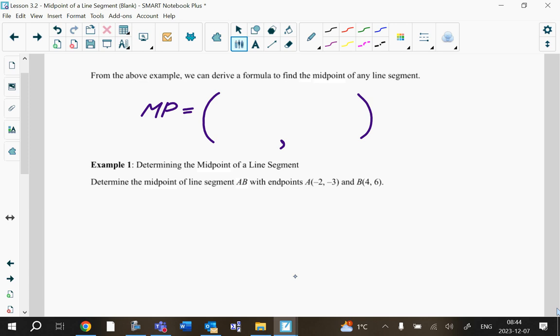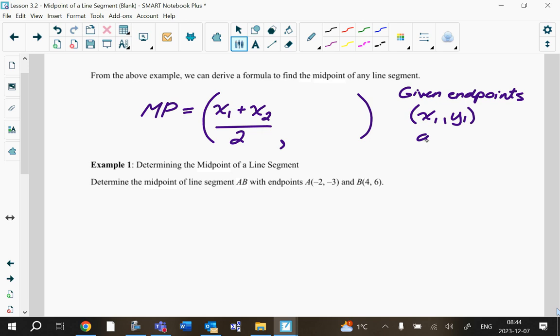So if I call the first one x1 and the second one x2, to find the halfway point between them, I add them together and divide by 2. Given endpoints x1, y1, and x2, y2.